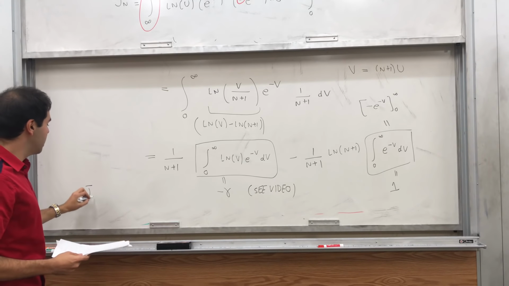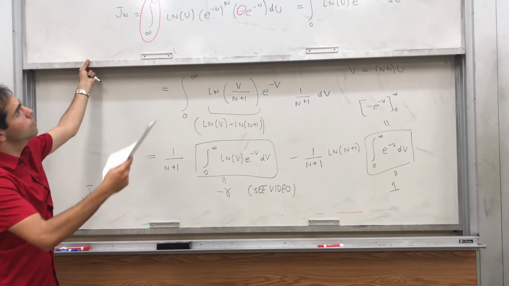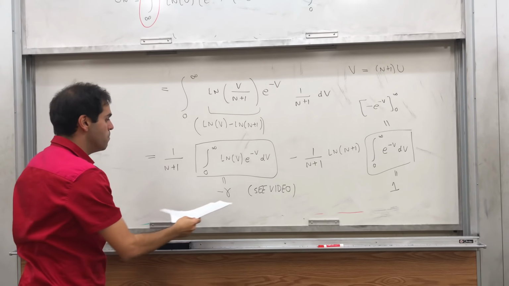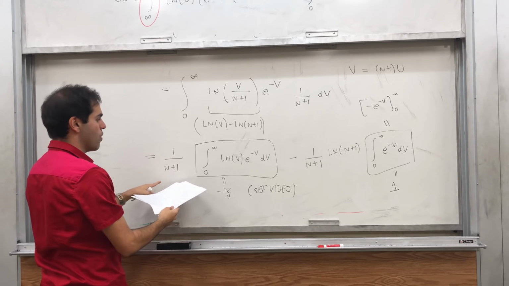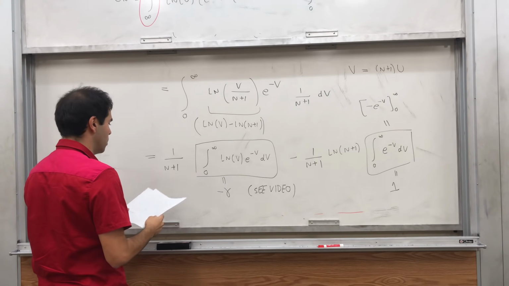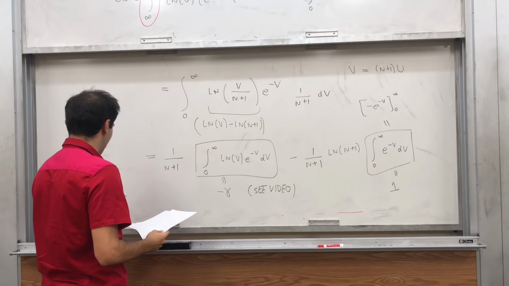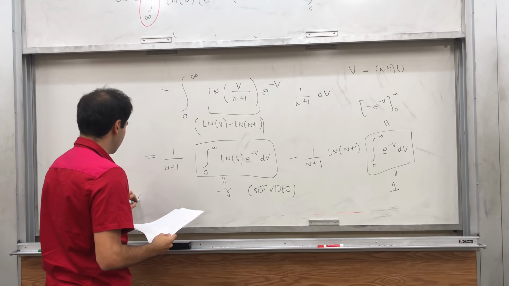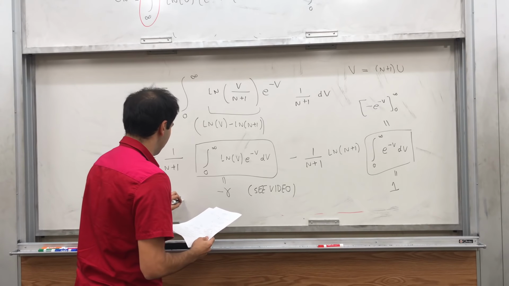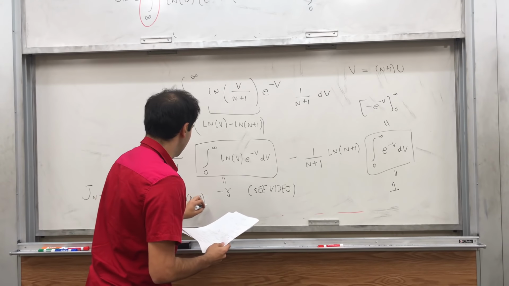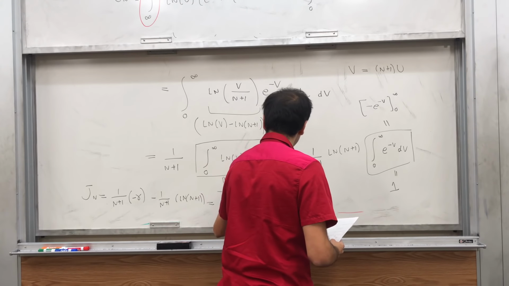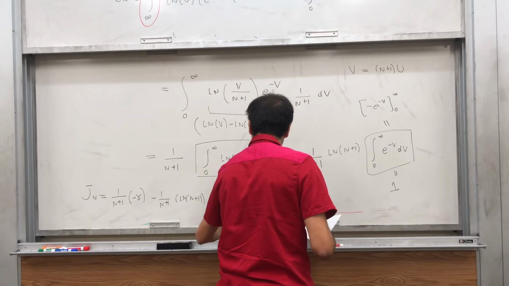So this complicated integral, which was here, is actually very easy. It equals minus gamma times 1 over n plus 1, minus 1 over n plus 1 ln of n plus 1, times 1. So 1 over n plus 1 times minus gamma minus 1 over n plus 1 ln of n plus 1, which you can just write as minus gamma plus ln of n plus 1 over n plus 1.